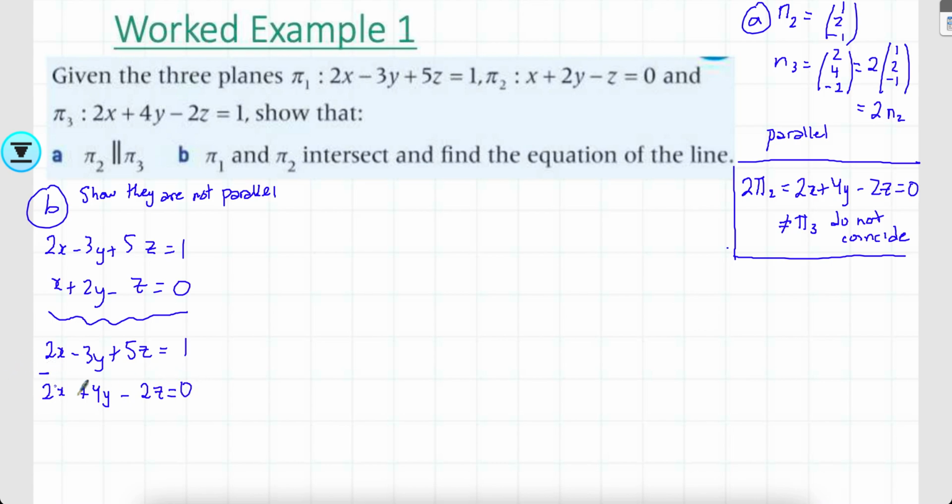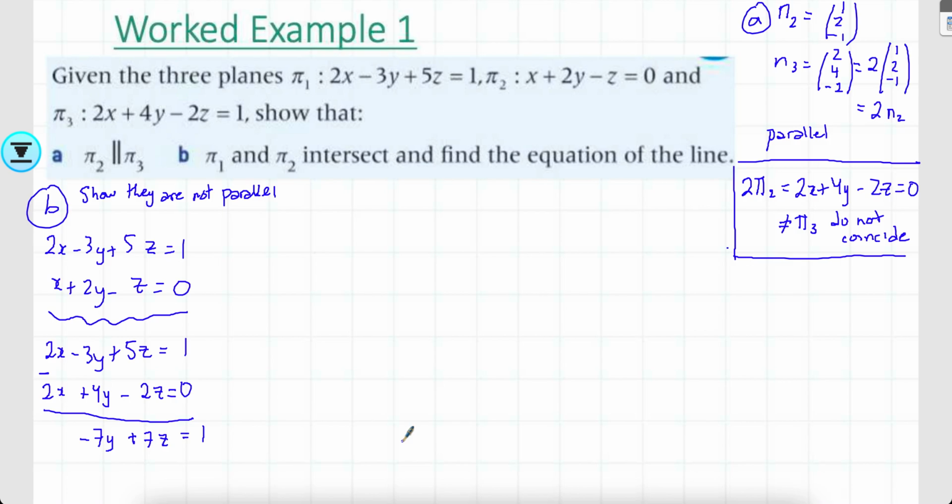I'm going to subtract these 2, and I end up canceling the z, which is what I wanted, so I end up with negative 7y plus 7z equals 1. So I've eliminated the x, I have this equation, and what I'm going to do is now represent y in terms of z.